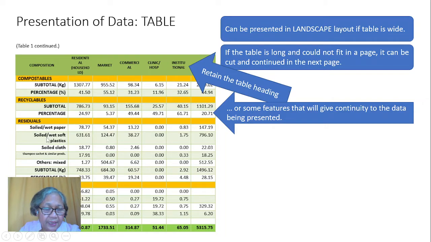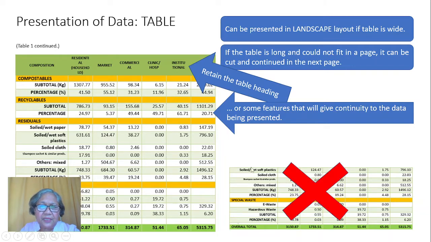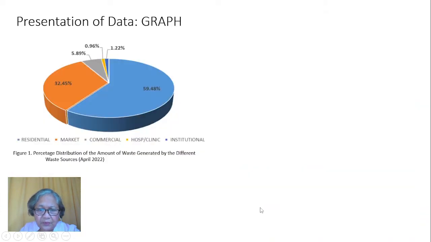But then in the ensuing entries, you have there the details of what has not been presented in the previous page. Okay, so there are instances wherein the table is long and could not fit in the page. It's not enough that you just cut or you just continue with the table without any heading, because in this case you do not know anymore what this column is about.